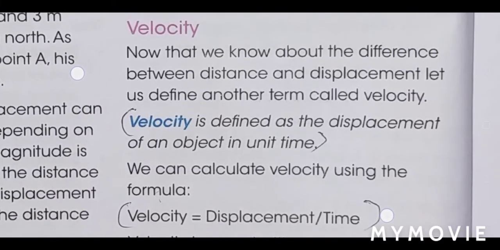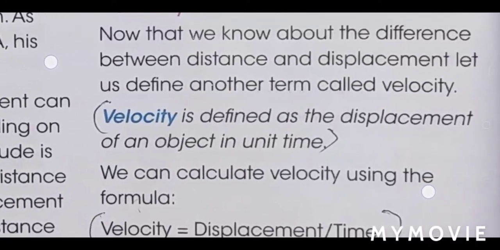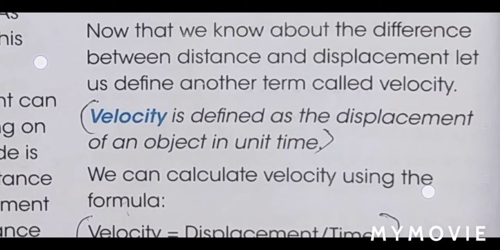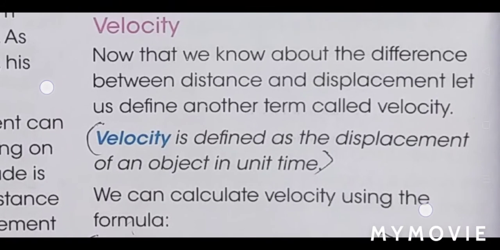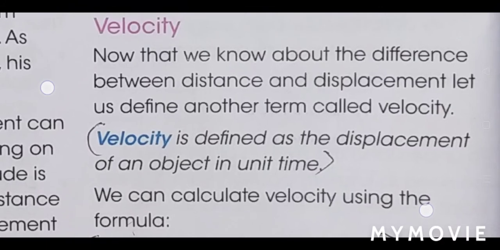Speed is distance upon time, that is the formula for speed, but the formula for velocity is displacement upon time. That is, speed depends on distance and velocity depends on displacement.